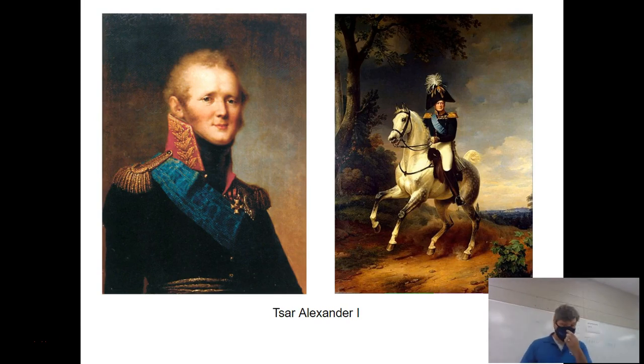And so by about 1810, Tsar Alexander had come to conclude that he must be the one to defeat Napoleon. The British can't do it because they don't have an army on the continent. They had defeated the French Navy, but they weren't able to defeat the army. And somebody has to take down this tyrant.